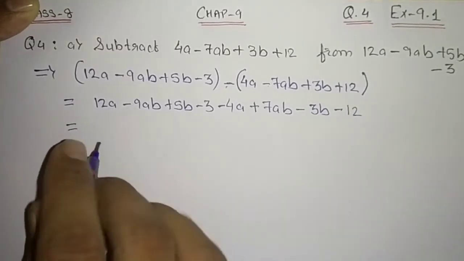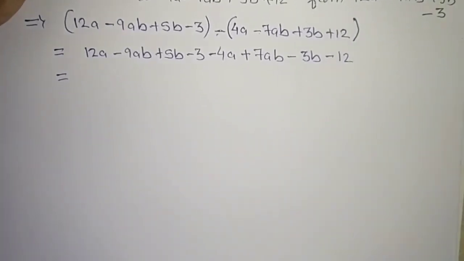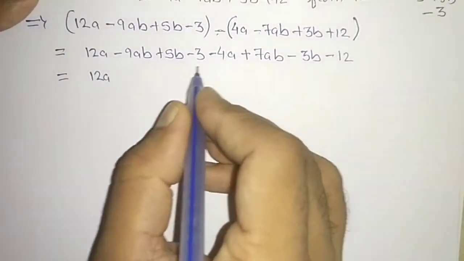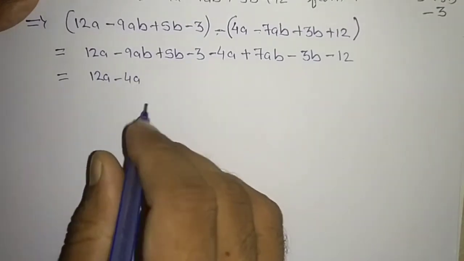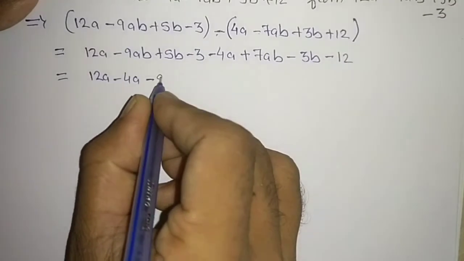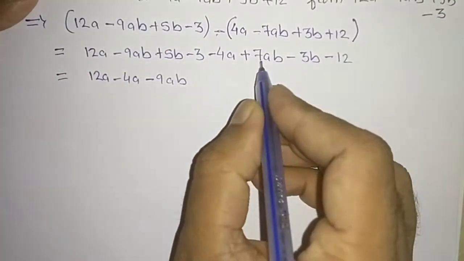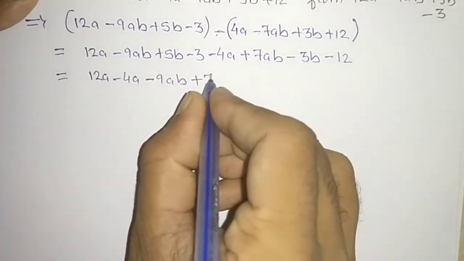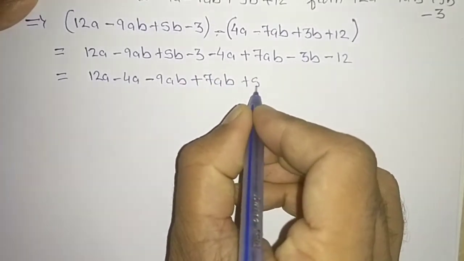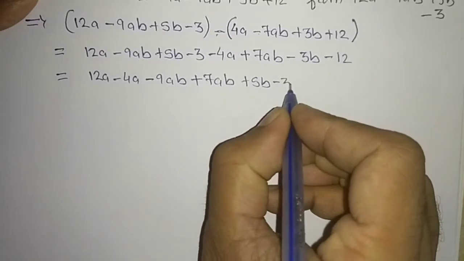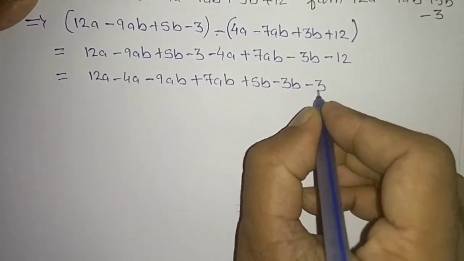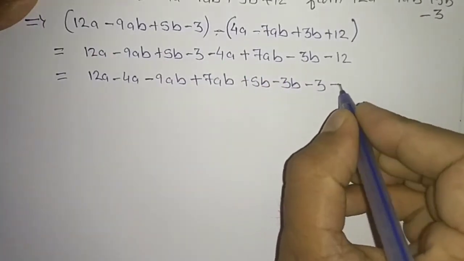Now taking like terms together, you can write like this also, 12a and this minus 4a together and then subtract, or you can directly also do minus 9ab, and if there is any other ab, yes, it is 7ab, then 5b minus 3b, then minus 3, and here it is minus 12.